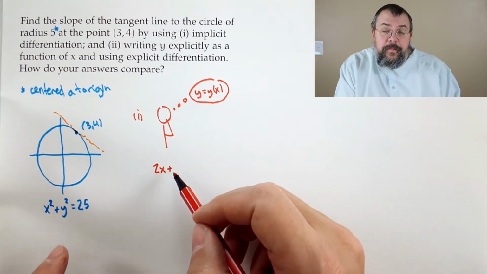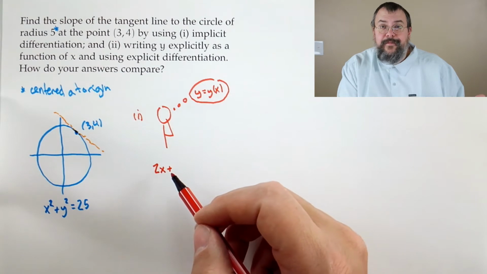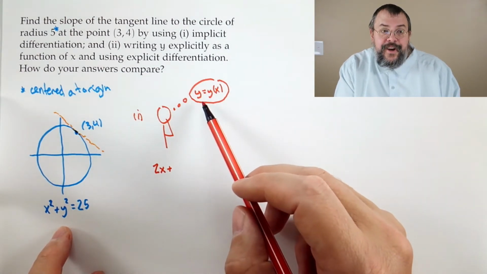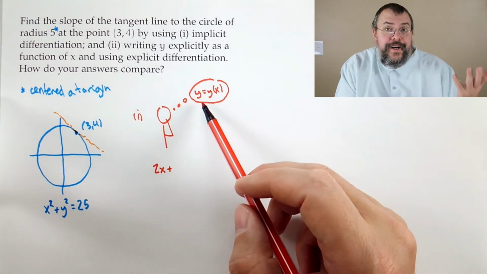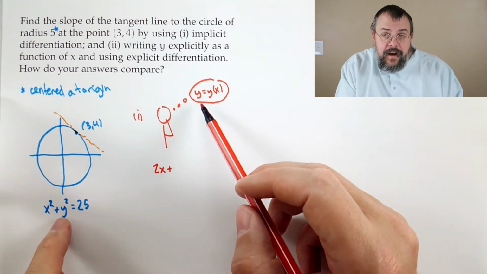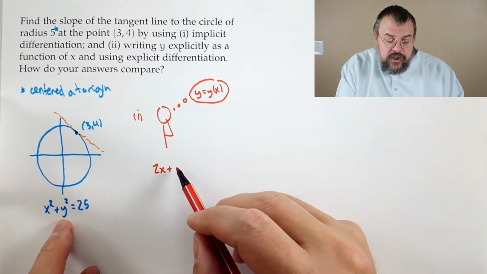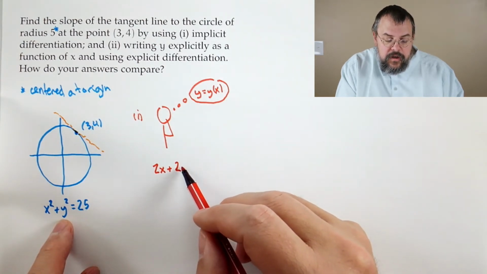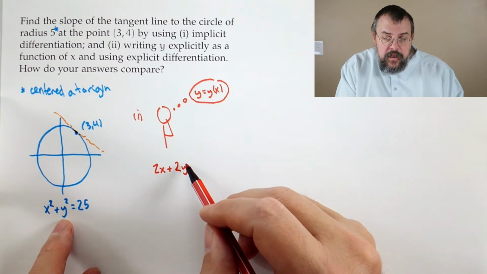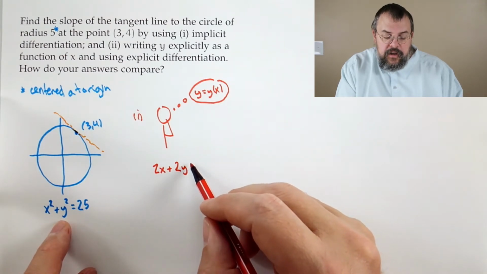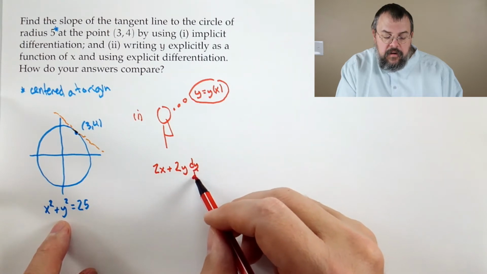See, some people might say, oh, there's no x there, right? Because it's a y. But remember, in our mind, we're saying, oh, y is a function of x. So there is an x, we just don't explicitly write it down. So do the chain rule. 2y to the 1 times the derivative of the inside, which is the derivative of y, and we can write that dy/dx.